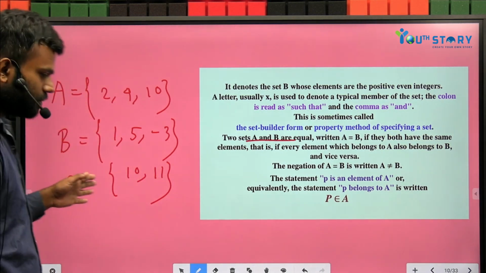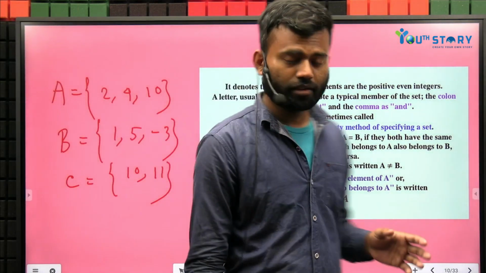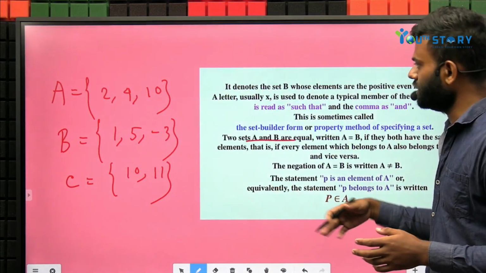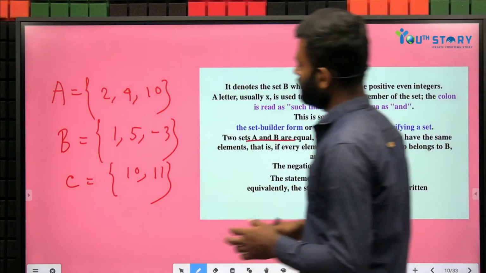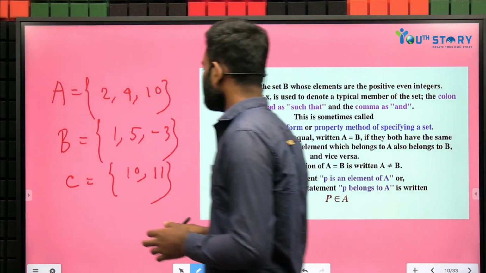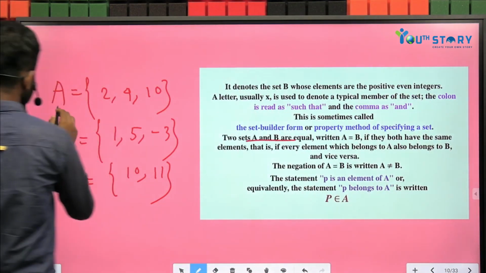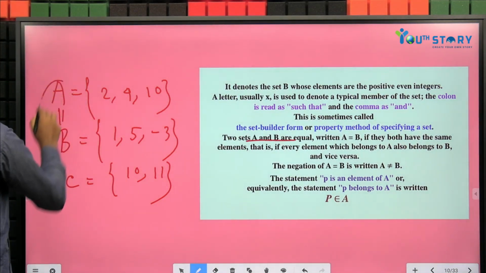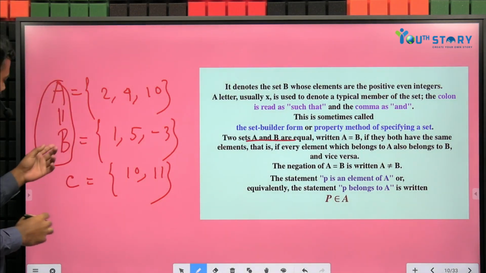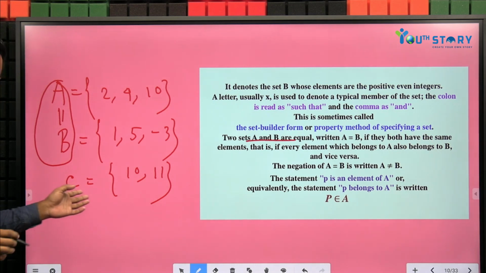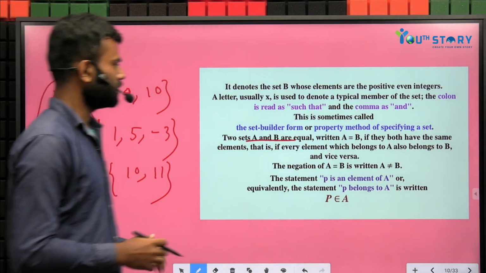Now the number of elements in capital A is 3 and in B is also 3, but the number of elements in C is 2. So we can say capital A is equal to capital B as a set, but they are not equal to C as a set.